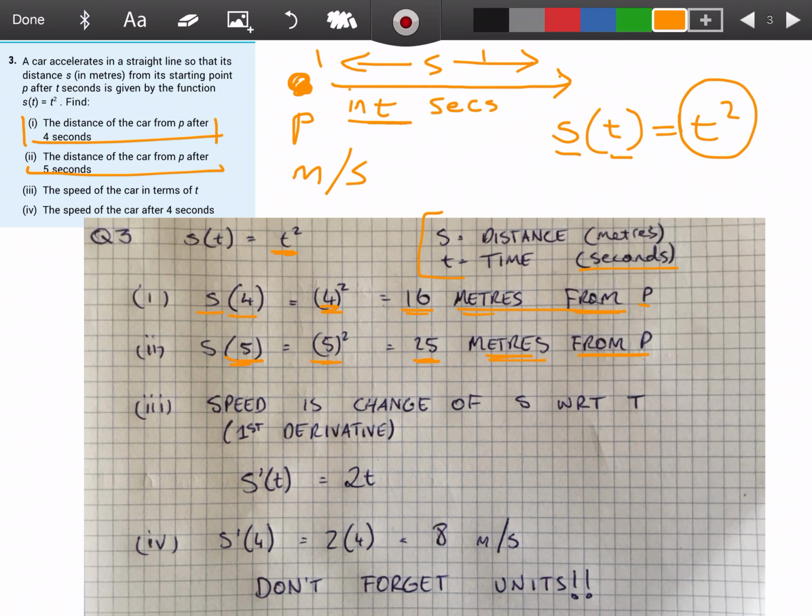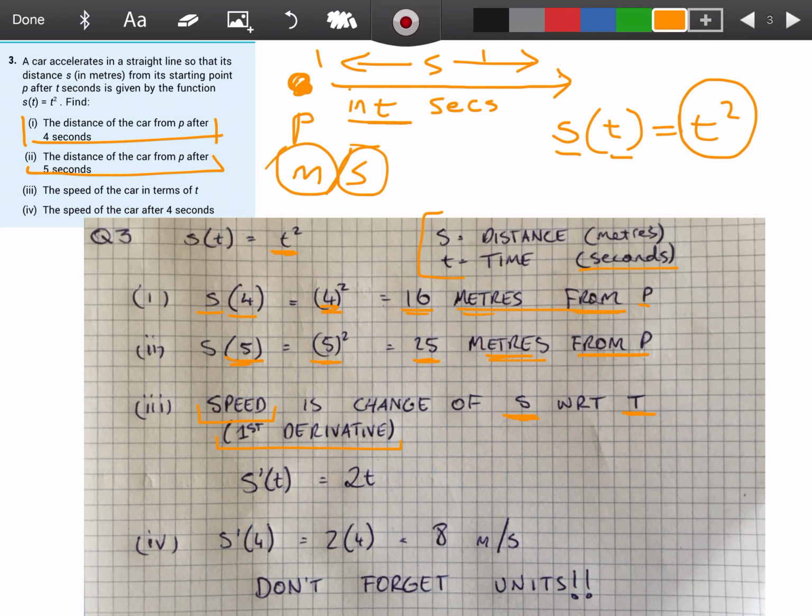The next one, part 3, it talks about the speed of the car in terms of t. Okay? So we are talking about speed, and it's the change. Okay, so let's think about this. It's the change, it's the difference in the amount of meters that the car has travelled each second. That's it. It's the change of distance with respect to time. And the way I get that is to get my first derivative.